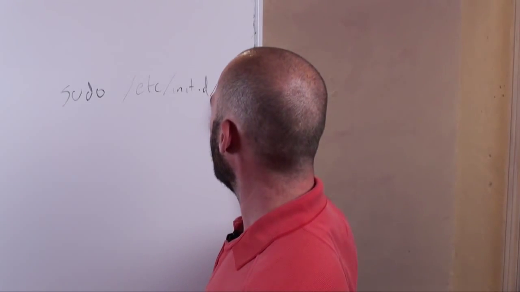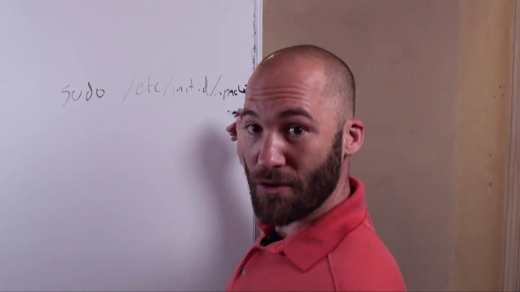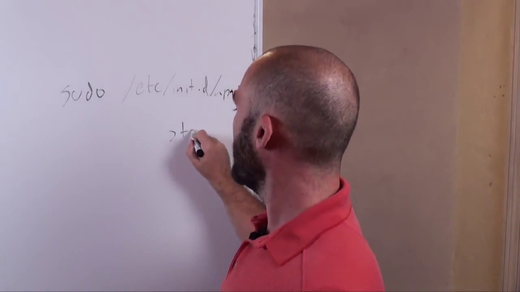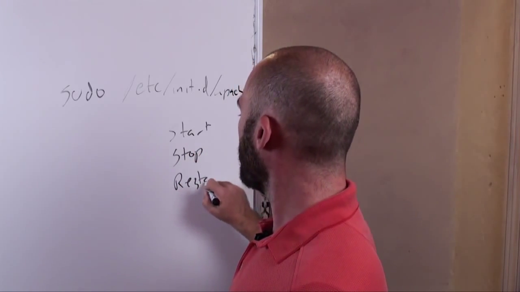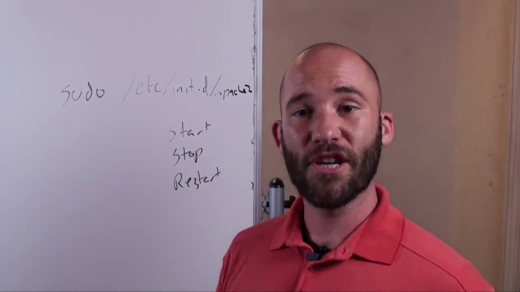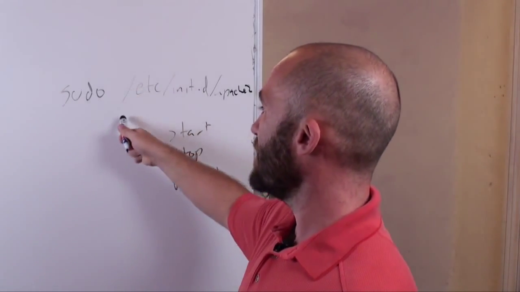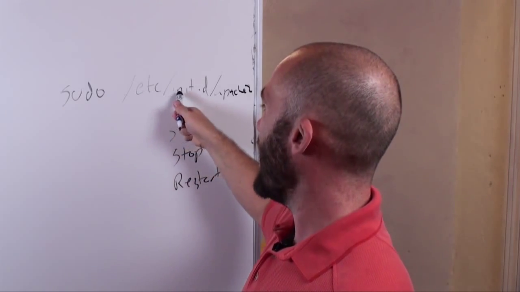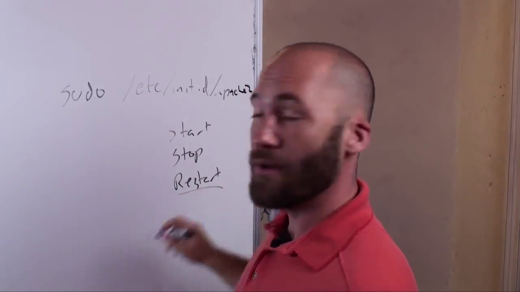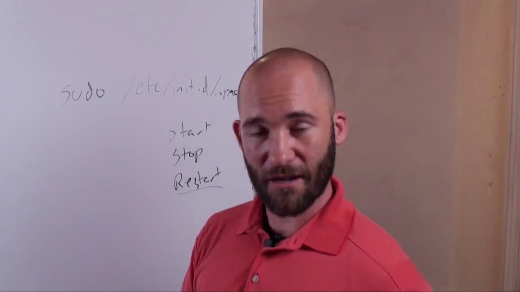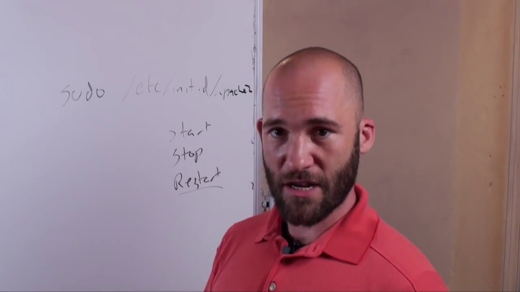So it's Apache 2, and then you do a space, and then all you do after the space is you say start, stop, or restart. So let's say you change your configuration files in Apache 2. You would do sudo space /etc/init.d/apache2, and then you would do restart. And that would restart the Apache 2 service, which would bring online whatever configuration changes that you made.